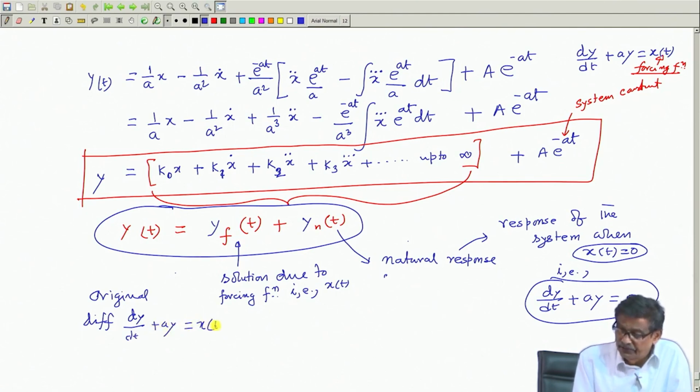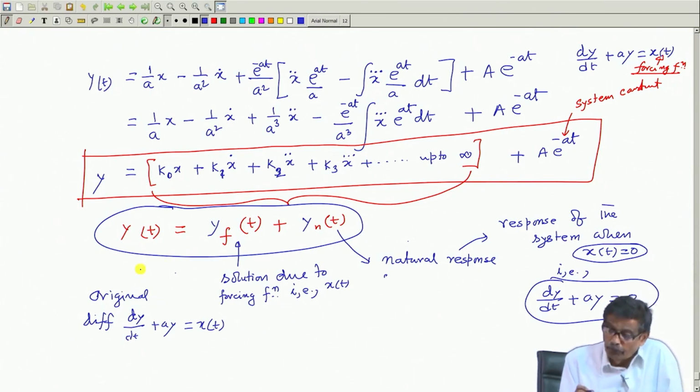This is my original differential equation, and we have got this total solution. Now, two observations. Obviously, if you claim this is the solution, then if I substitute it here, it must satisfy this equation.